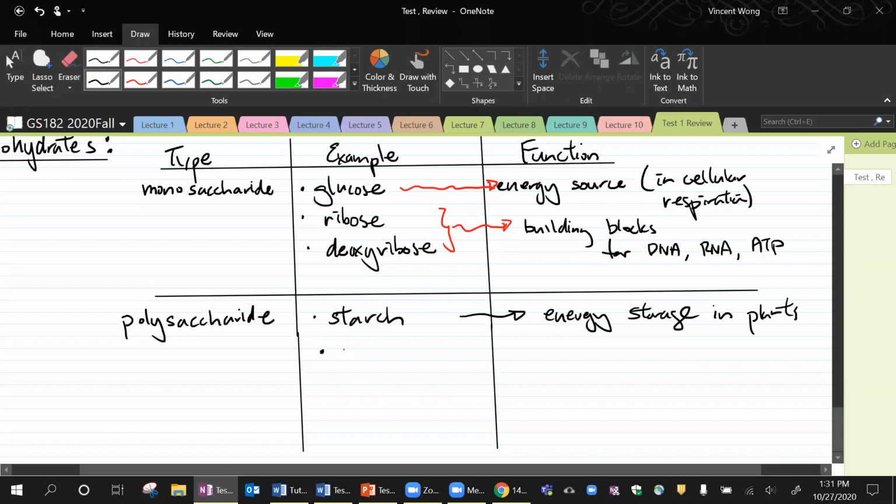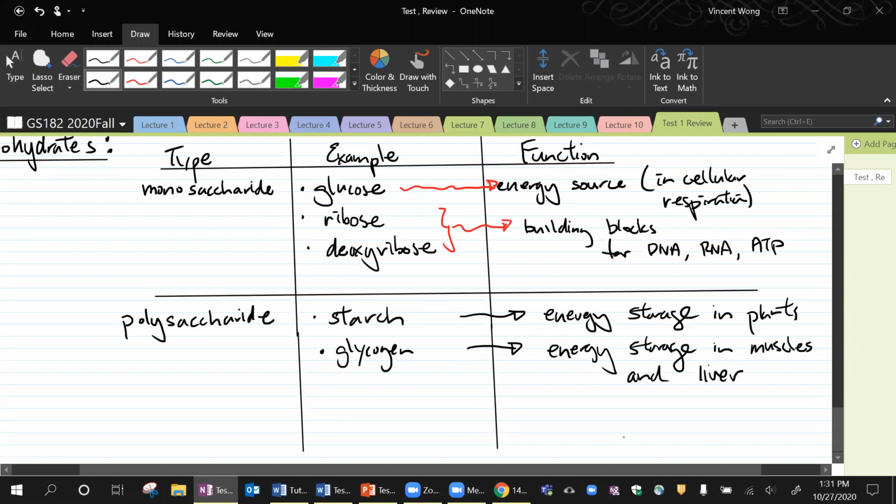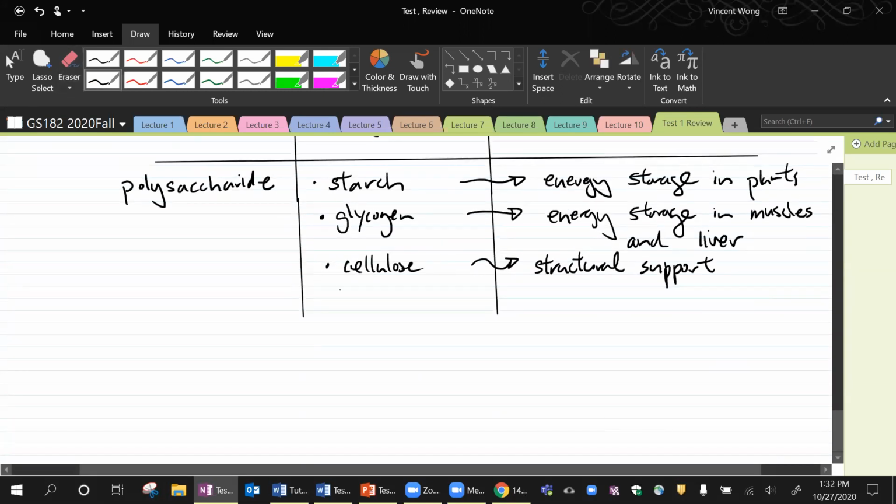There is glycogen, which is energy storage in muscles and liver. Also, someone mentioned cellulose. Cellulose is for structural support. Structural support, like in plants, for example.